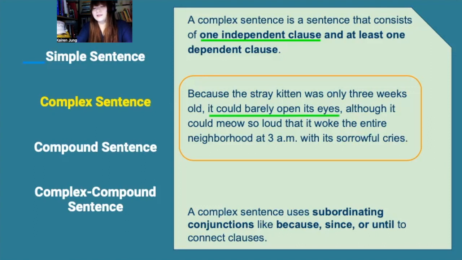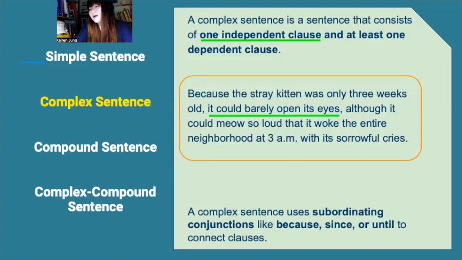Now let's look at this example. Because the stray kitten was only 3 weeks old, it could barely open its eyes, although it could meow so loud that it woke the entire neighborhood at 3 a.m. with its sorrowful cries. Meow.